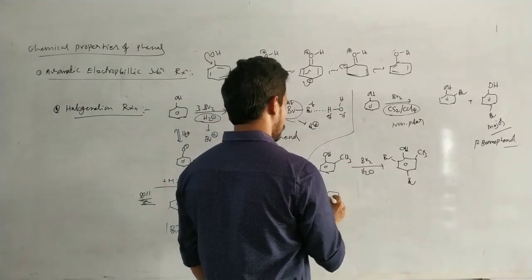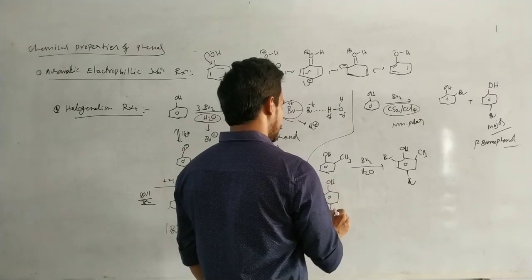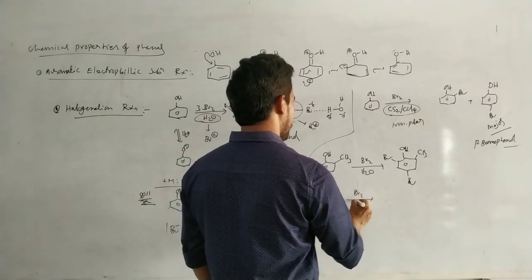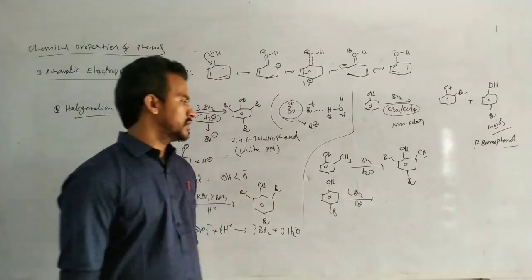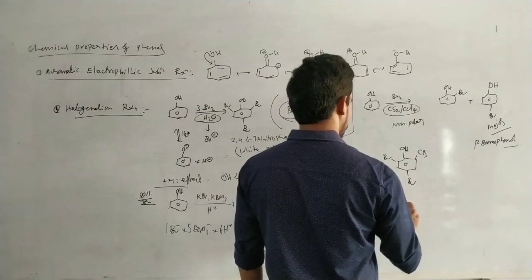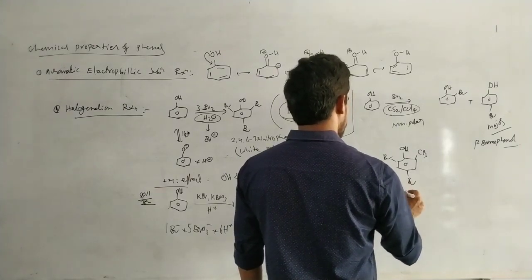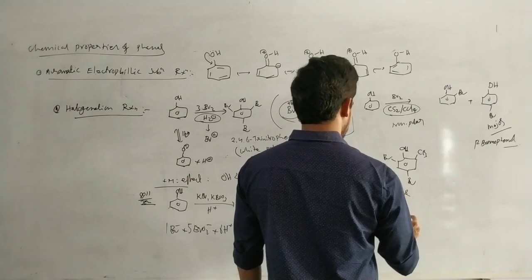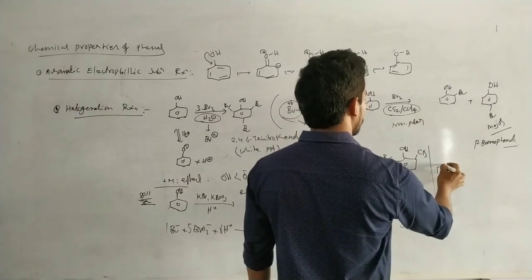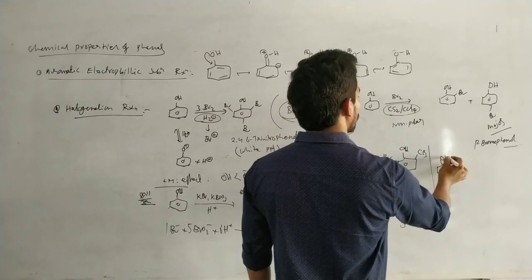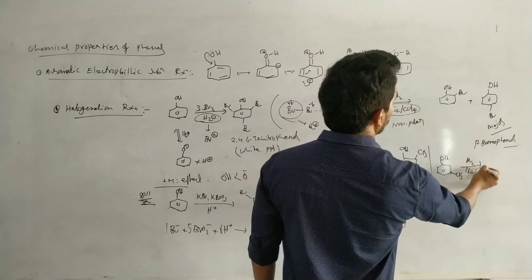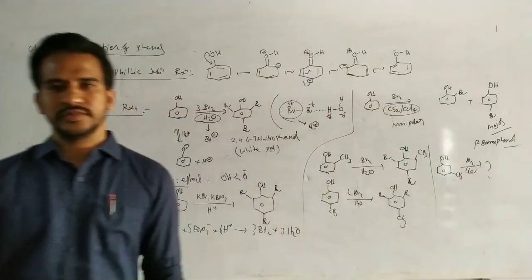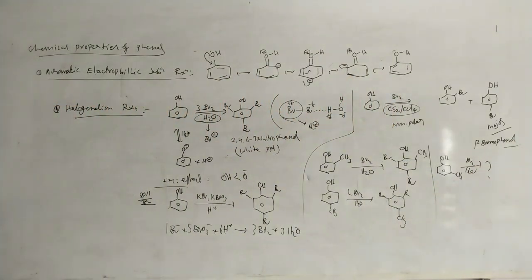Now, if the para position is blocked, substitution takes place at the two ortho positions. Now here, with OH and another group at the meta position, treated with bromine water, what is the product in that reaction?